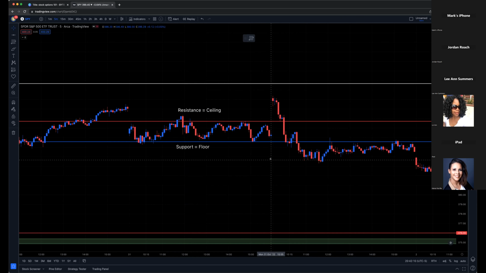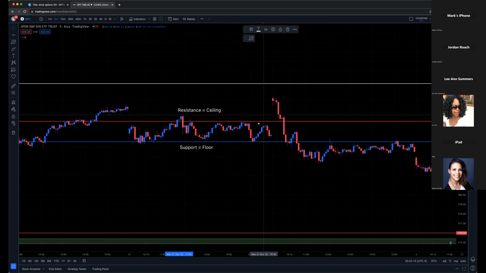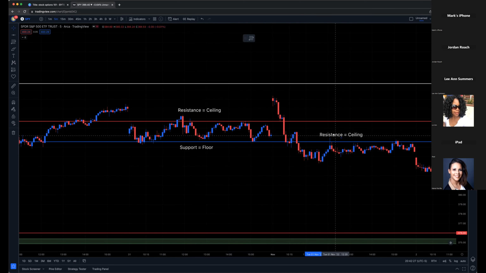Okay, and a perfect example of that is you have to remember that support and resistance can be flipped. Okay, so as we see here, this area is acting as resistance. This area is acting as support. It's moving sideways, not really sure what's going on here. But then you have this support line, right, turn into resistance.